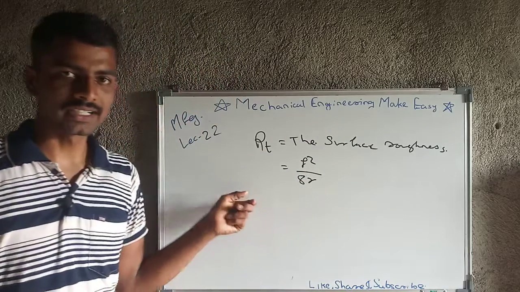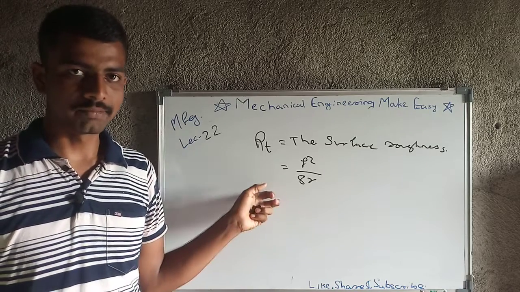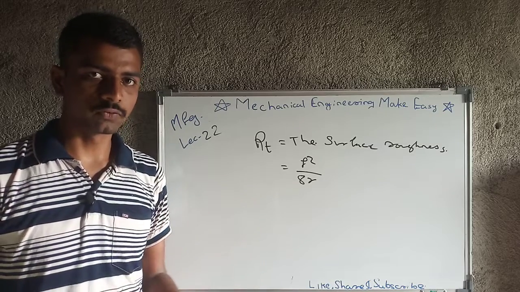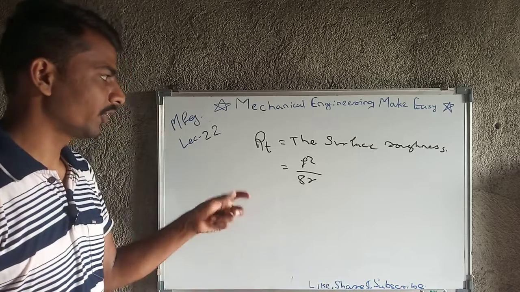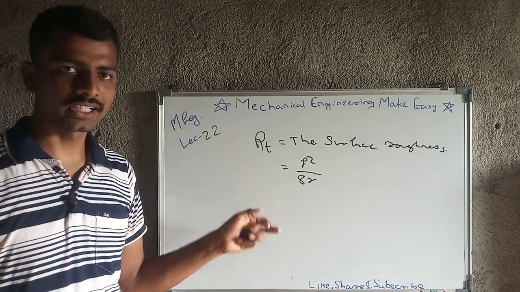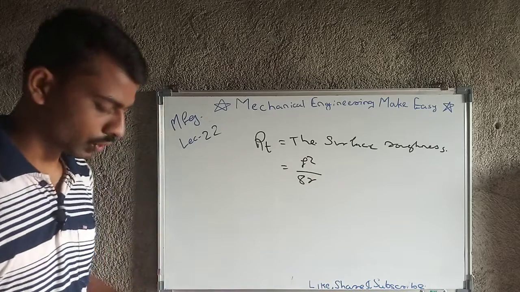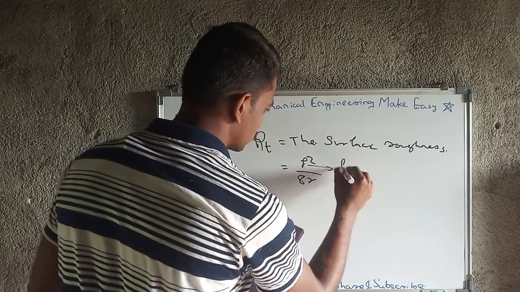In case of metal cutting, why have I taken this formula? Because ultimately our main goal is that the surface of any workpiece or component should be smooth, without too many irregularities, and those irregularities we calculate with the help of theoretical surface roughness.